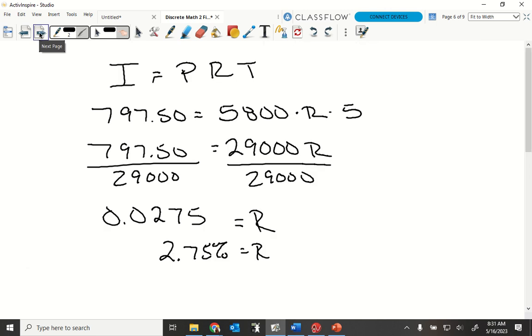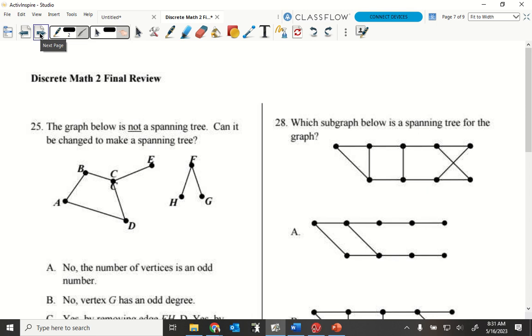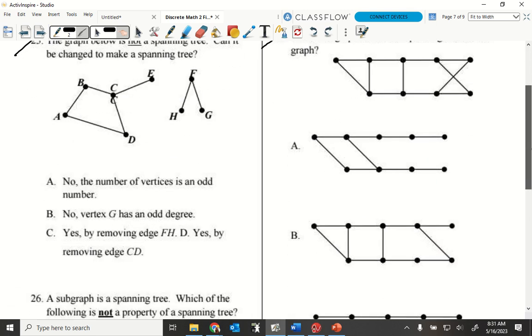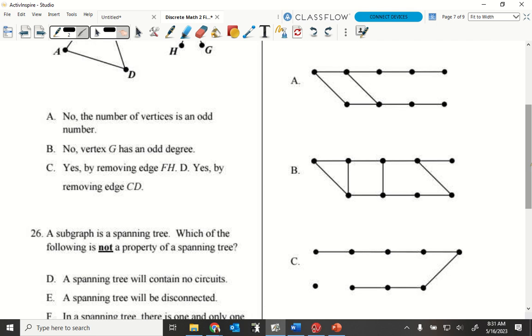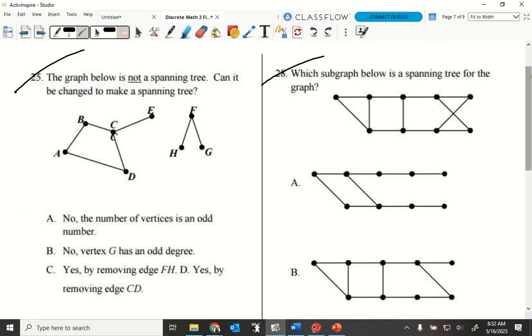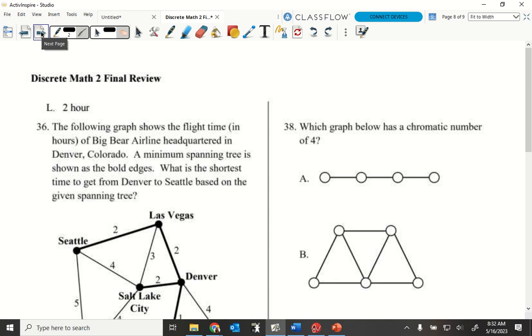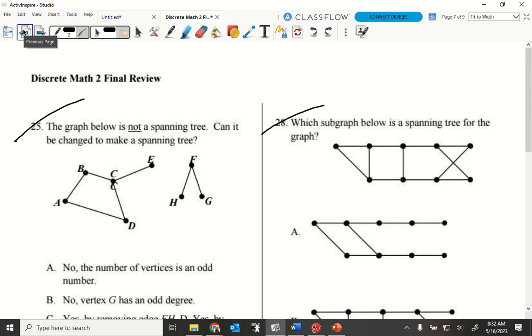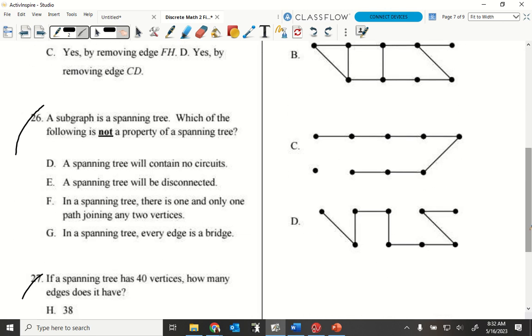Now, that one. Okay, we're not doing spanning trees. So those are semester 1 stuff. Spanning trees, 26 gone. Spanning tree, 27 gone. 28 gone. Did I go too far? 28.